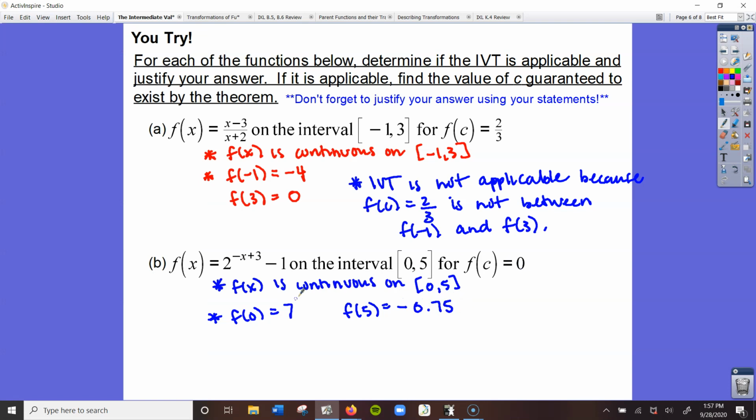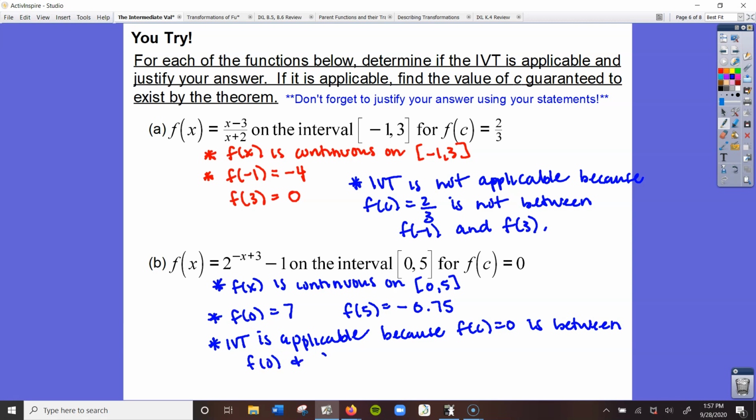You see 0 is between 0 and negative 0.75, so automatically I can state IVT is applicable. And I can also give my reasoning already, because f of c is equal to 0 is between f of 0 and f of 5.